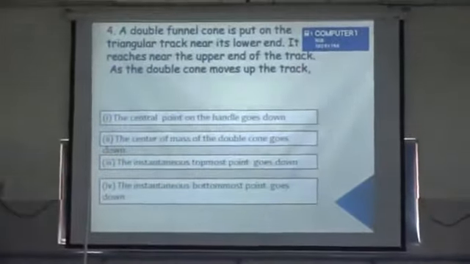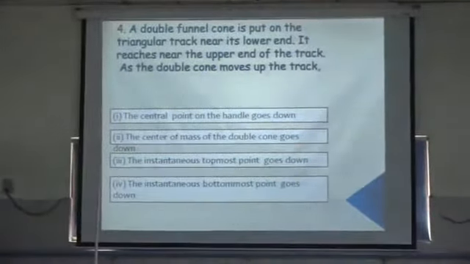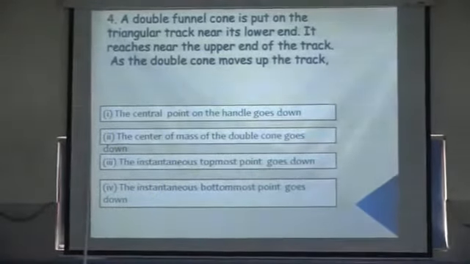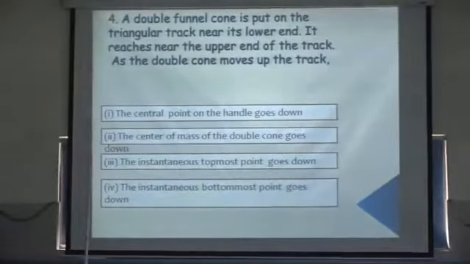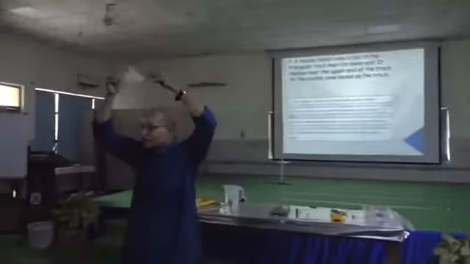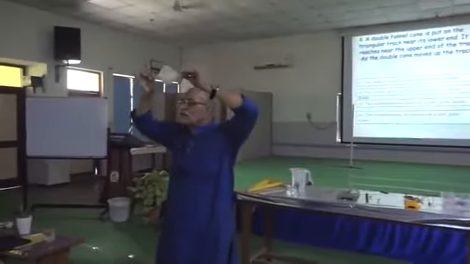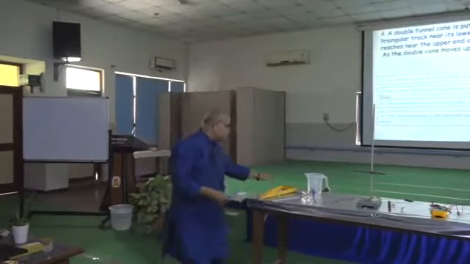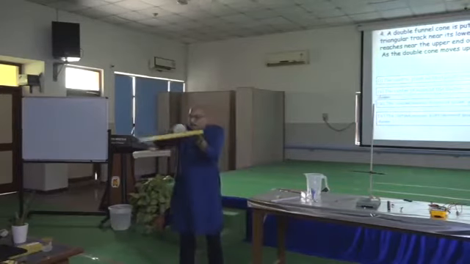The questions are: the central point on the handle goes down, true or false? One by one, let's take one by one. The central point on the handle means these two rods which are coming out. So the central part of this handle goes down as it moves up this track.